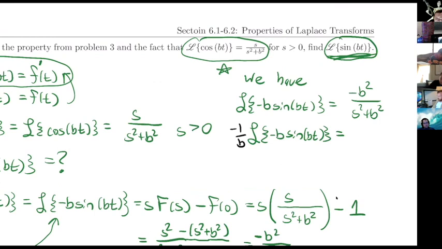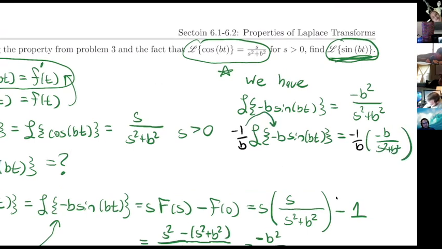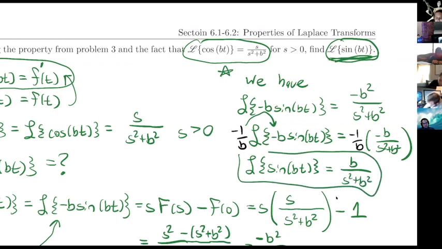What I can do is multiply both sides of this equation by minus 1 over b to account for that constant. Okay, and that gave us the desired result that we have already discussed on that table.